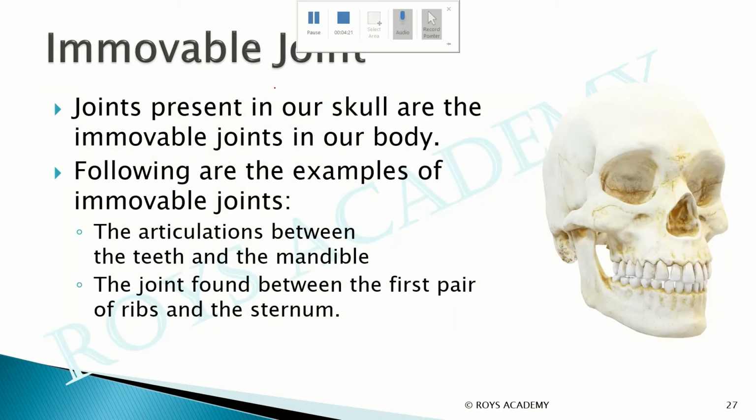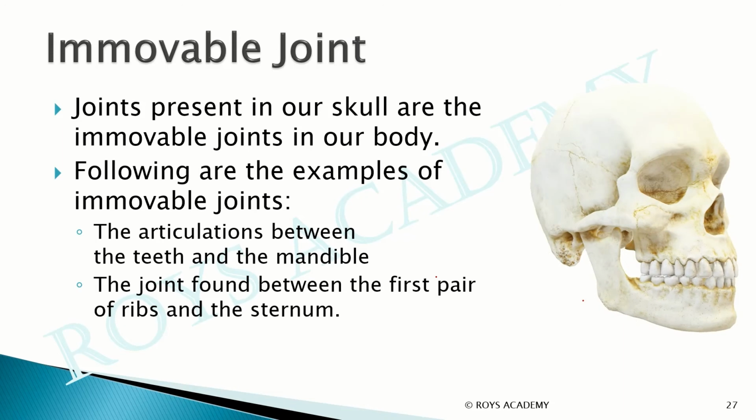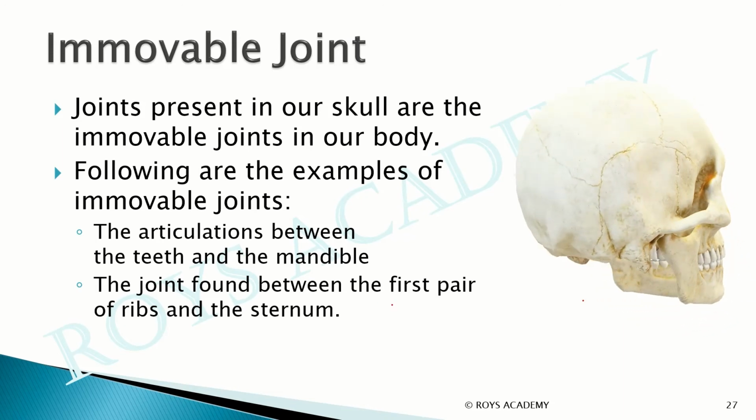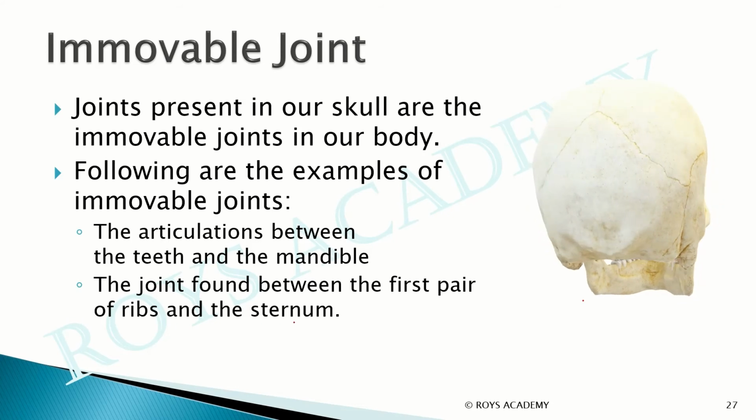Now we will discuss the immovable joint. Joints present in our skull are the immovable joints in our body. Following are the examples of immovable joints. The articulation between the teeth and mandible, and the joint found between the first pair of ribs and the sternum.